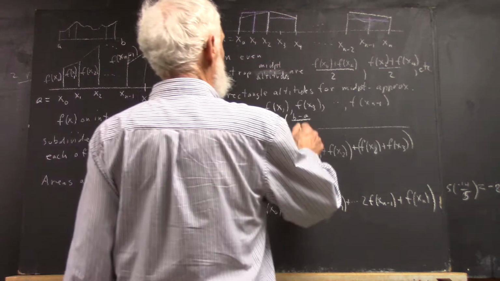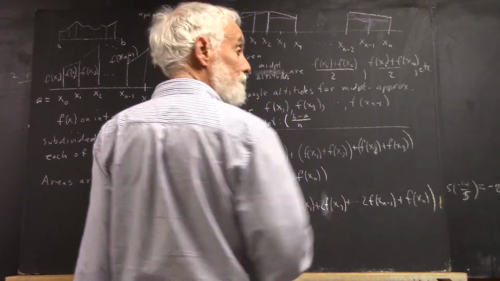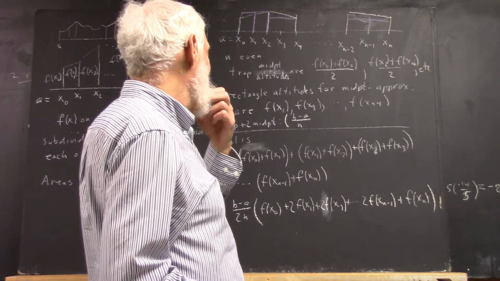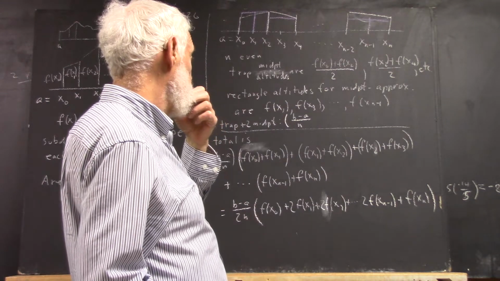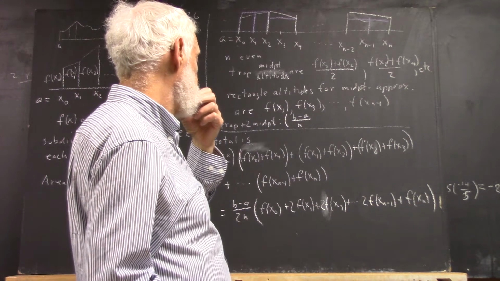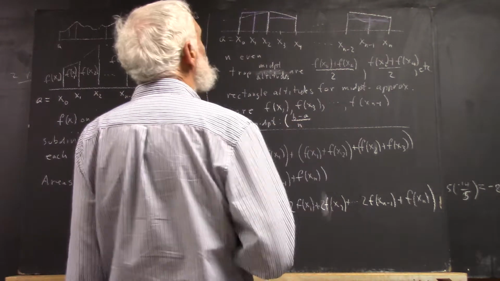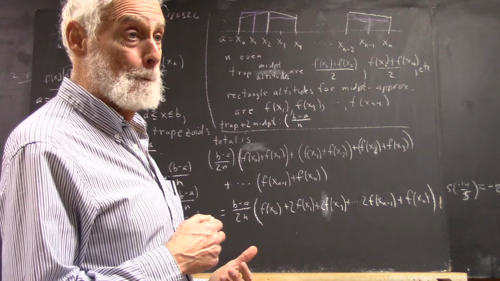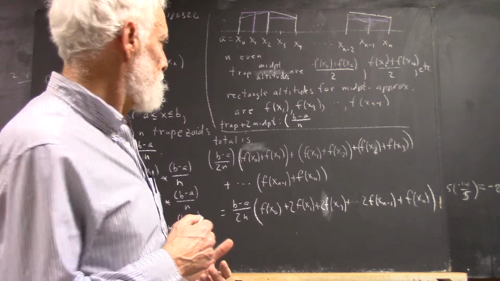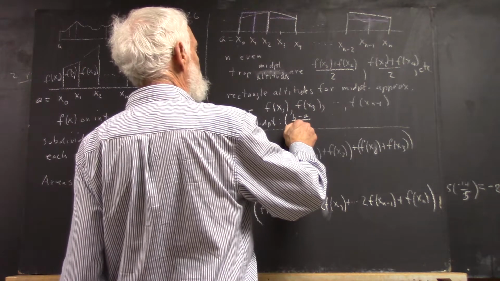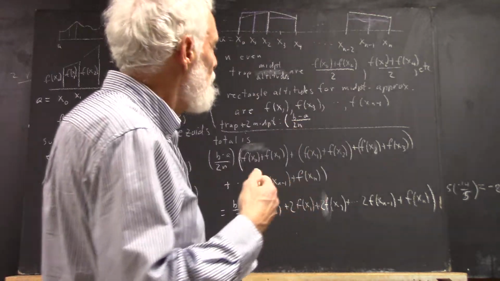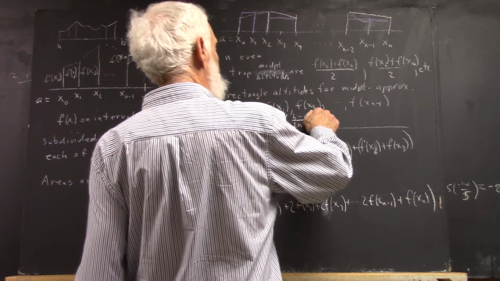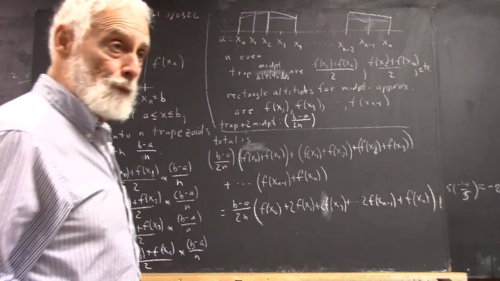But I'm going to do it this way, b minus a over n, and no, I'm going to go ahead and do b minus a. Okay, your book's formula has b minus a over 3n, okay? I should have done this debate prior to doing this, okay? I'm still debating about whether this is the wisest way to write it down, okay?